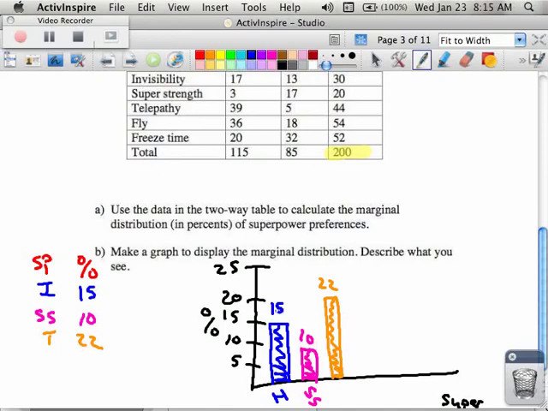My next one is the flying. 27. Thank you. Oh, I was off on that. Darn it. And my last one was freeze time. And the freeze time, 52 out of 200. 26. 26. Thank you.